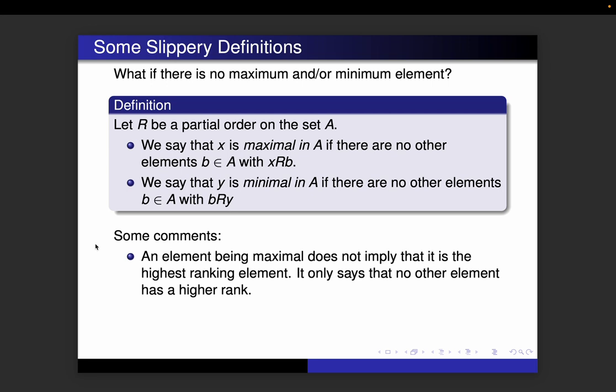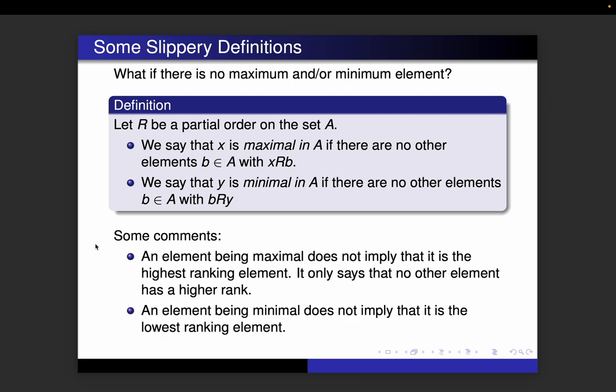Being the highest rank means you outrank everybody. Being maximal just means that no element outranks you. And similarly, an element being minimal does not imply that it is the lowest ranking element. Lowest ranking means everybody outranks it. But minimal means that maybe not everybody outranks it, but nobody has a lower rank.